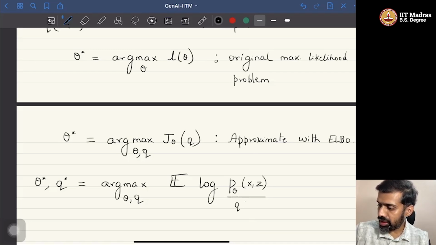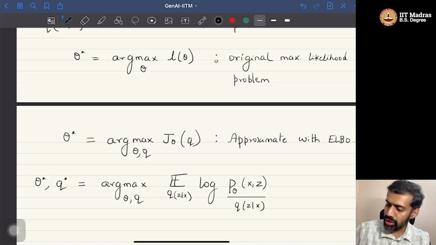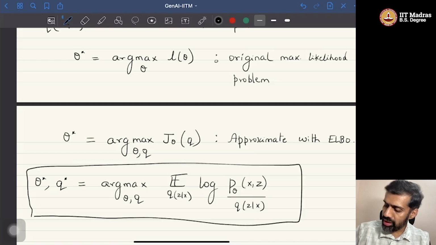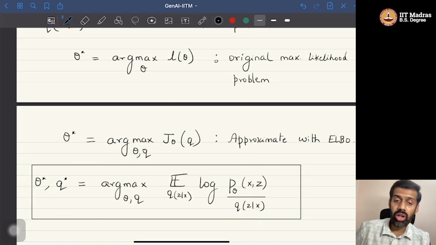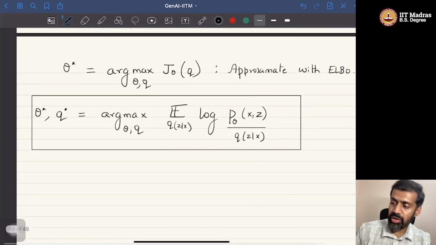So I'm just expanding it out, and this is with respect to q of z given x. Now this is the foundational problem that is solved in all of the latent variable models that we are going to see now, including the VAE and the diffusion models and so on.